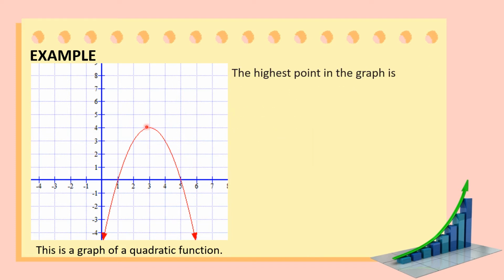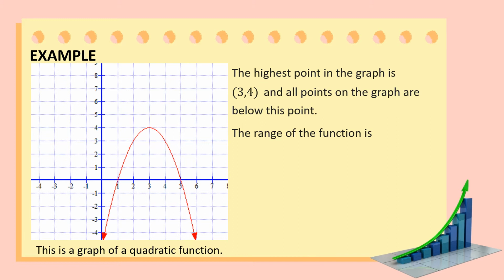The highest point in the graph is at 3 and 4, and all points on the graph are below this point. We can now say that the range of this function is equal to the set of y such that y is less than or equal to positive 4. In interval notation, it is from negative infinity to positive 4.